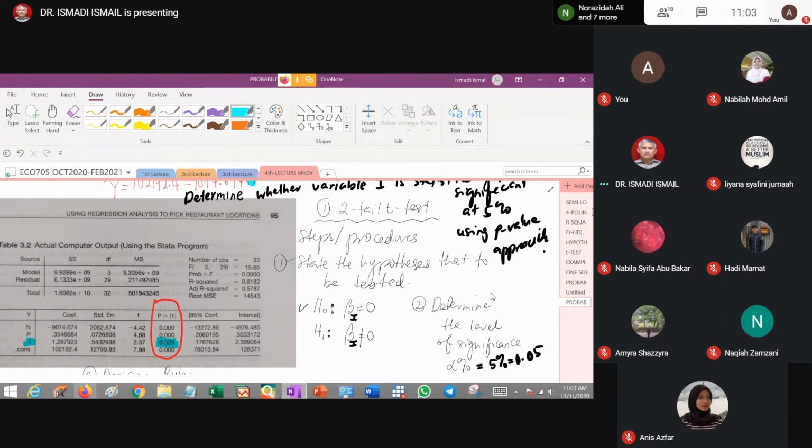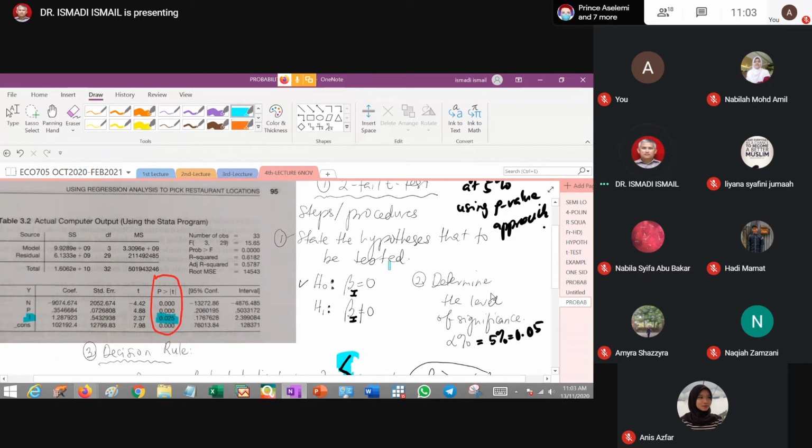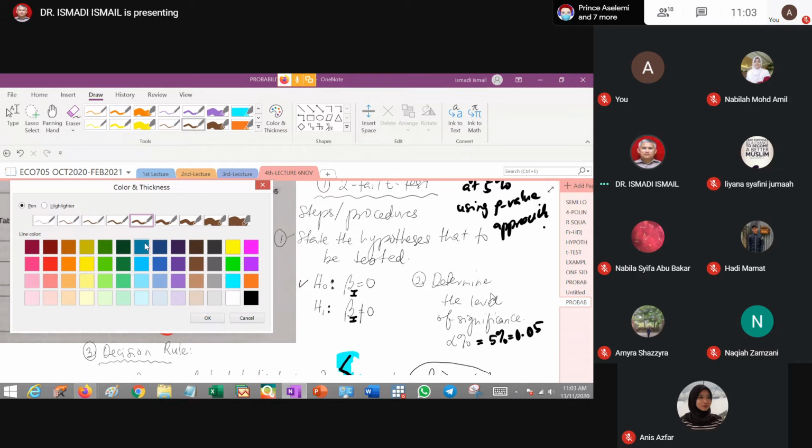So from the estimation result, you are given the p-value.